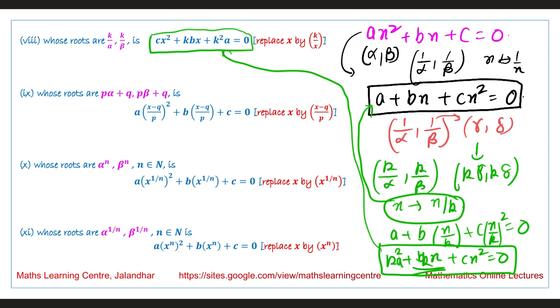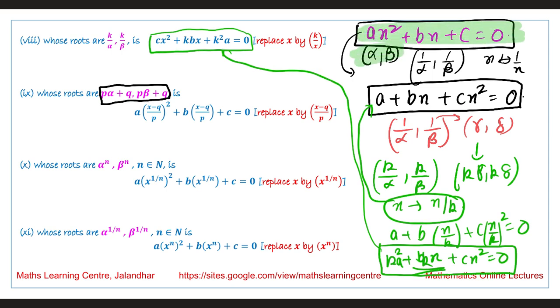Next, we have to write the equation whose roots are p alpha plus q and p beta plus q. First of all, suppose the quadratic equation we are writing over here is ax square plus bx plus c is equal to 0. The same equation we are talking about, and its roots are alpha and beta.